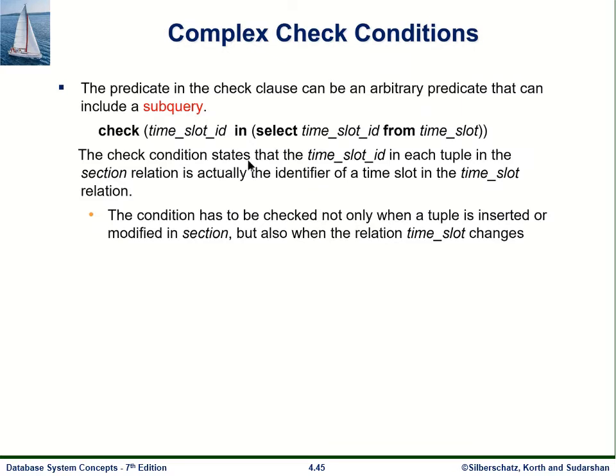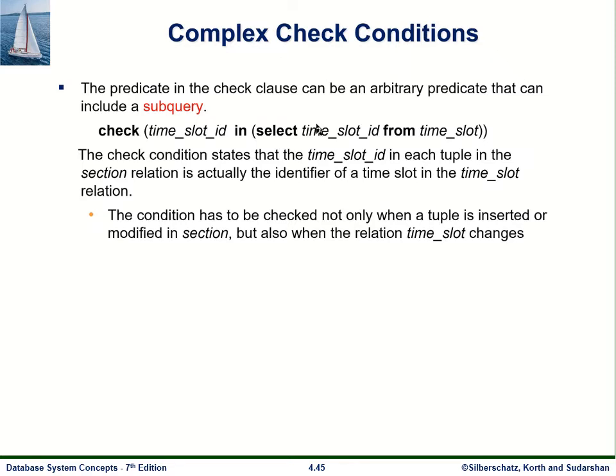This is the idea: it states that the time slot ID in each tuple in the section relation is actually the identifier of a time slot in the time slot relation. That means it must exist. We cannot create a new time slot ID in the section table. It must come from the time slot table.